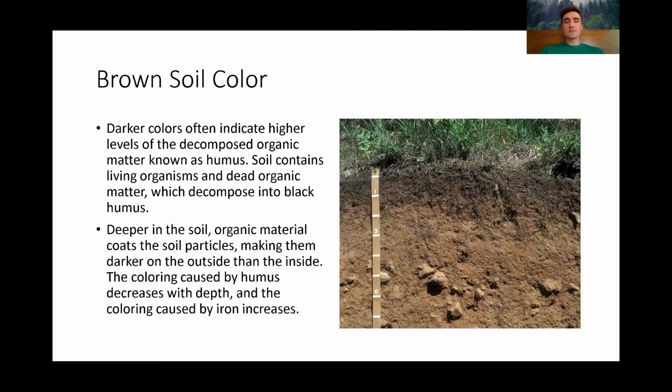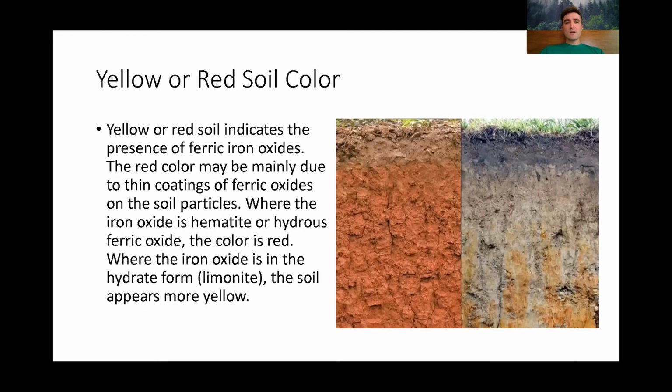characteristics and qualities. Now, yellow and red are both typically caused by iron, and iron can exist in different forms, and whether it's one form or the other, you'll get a red color or a yellow color. But if you see reddish in your soil or yellowish in your soil, typically that is caused by the iron content of the soil.